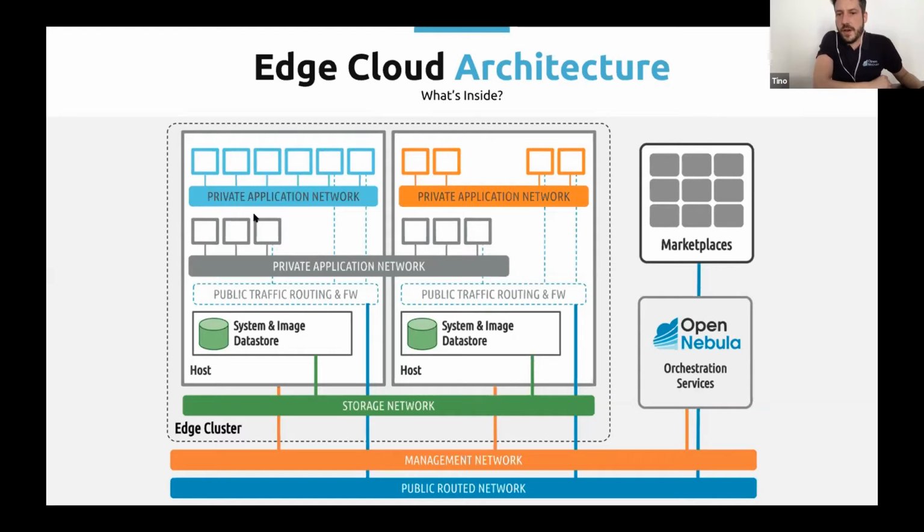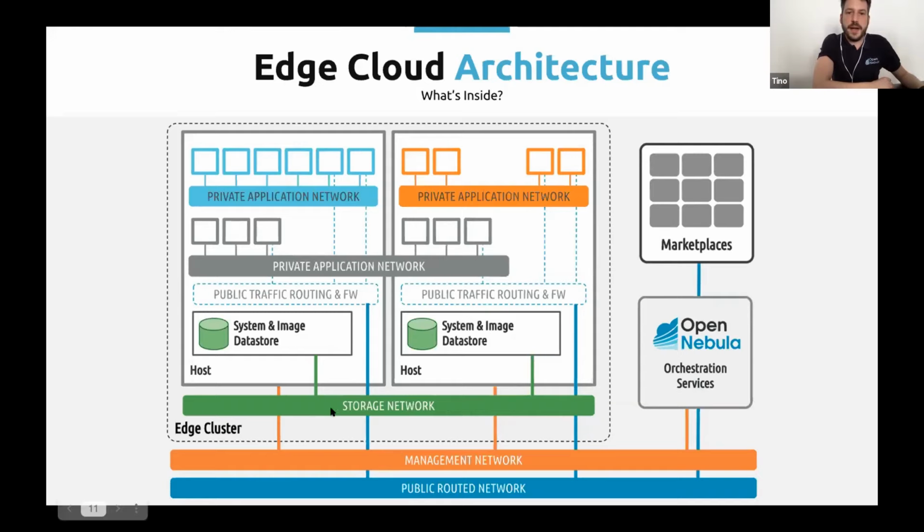This is a layout of the networking of the edge cluster. So as you see, you can have some private networks inside the hosts or between different hosts, so applications and pods can communicate. And then we have this storage network.